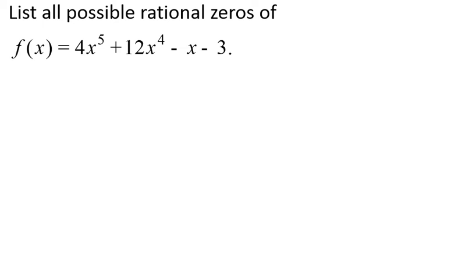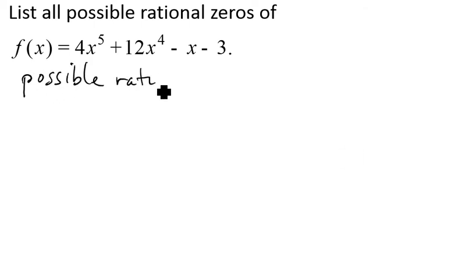So since it's a number that can be written as a fraction, we end up getting a list of some fractions here where the numerators of the fractions are factors of the constant term and the denominators of the fractions are factors of the leading coefficient. And that's essentially what the rational zero theorem says.